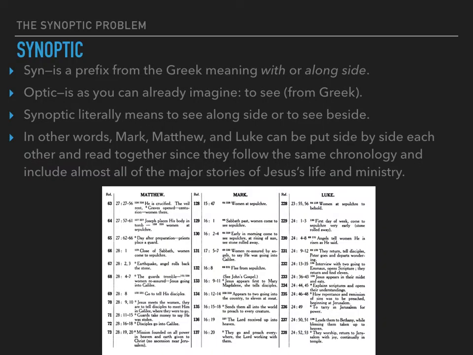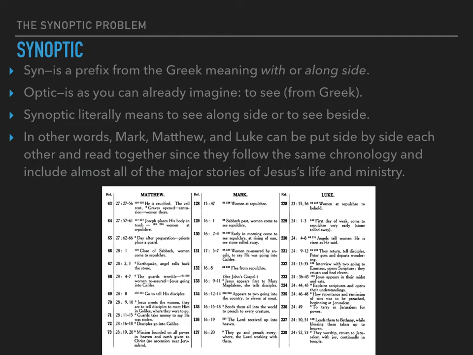The word synoptic is a Greek word that we've used in English quite a bit, in the sense of synopsis. Syn is a prefix for the Greek word meaning with or alongside.